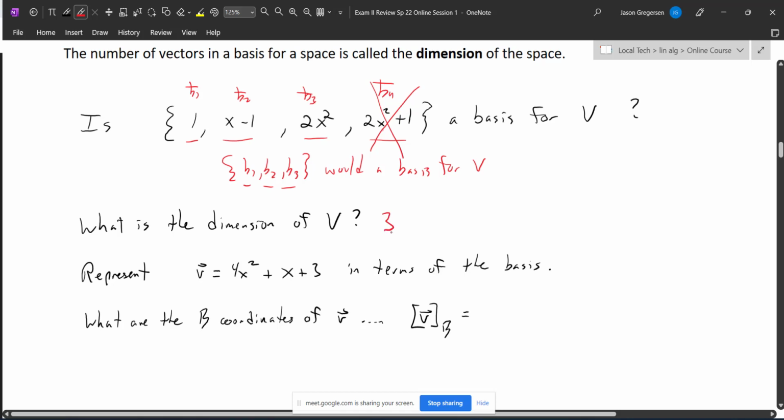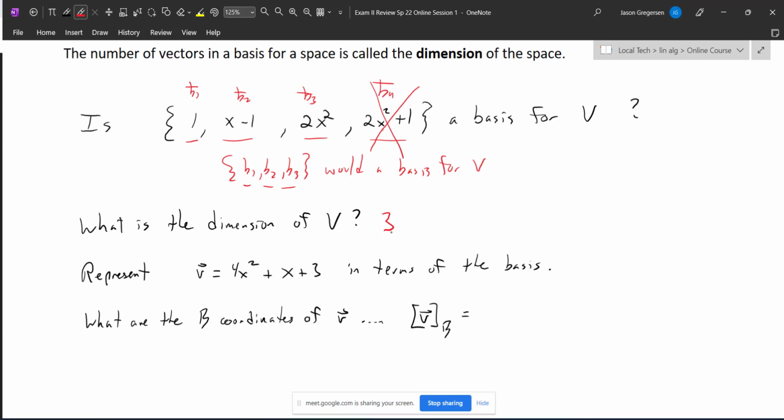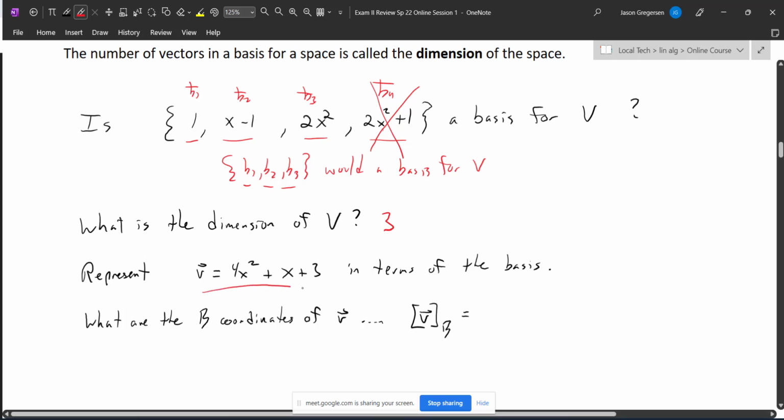Next, because this is a basis, I should be able to build any vector in the space. So if this is an example of one vector in this vector space, one polynomial in this function space, I should be able to build it using my basis vectors. In other words, I should be able to take a linear combination of my basis vectors and build any vector, including this vector v.